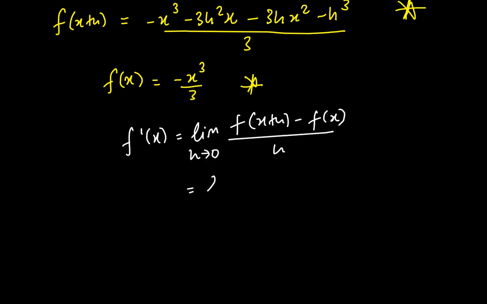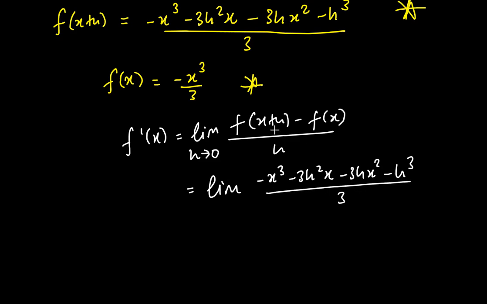So what is our f of x plus h? It is the one on top there. We have negative x cubed minus 3h squared x minus 3hx squared minus h cubed, all divided by 3. That is our f of x plus h. And then we have minus negative x cubed over 3 as our f of x.